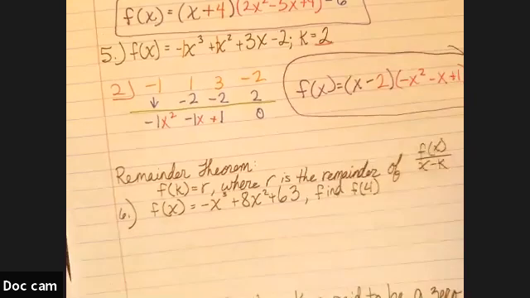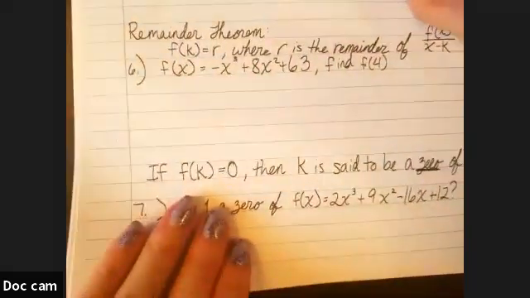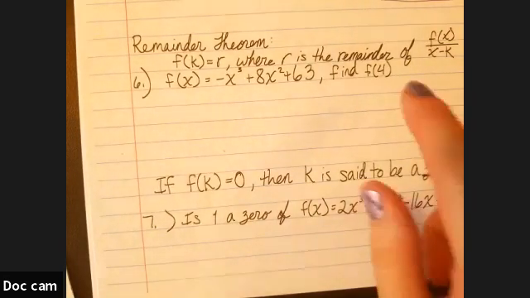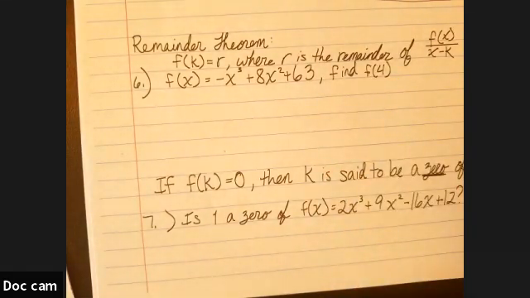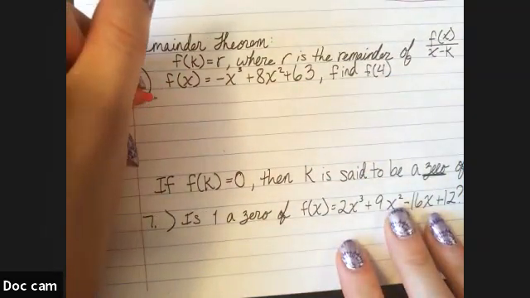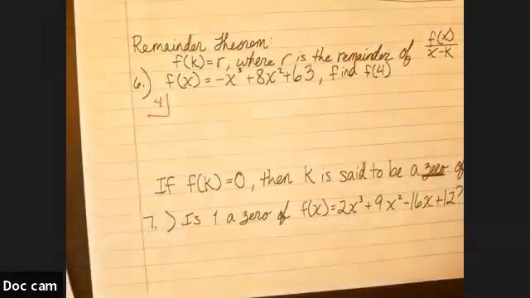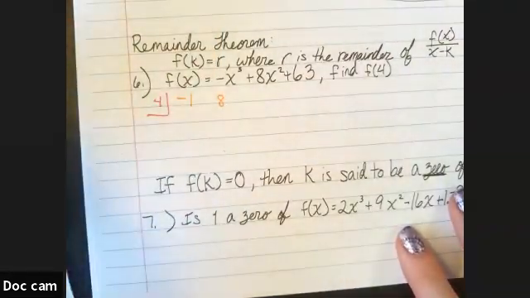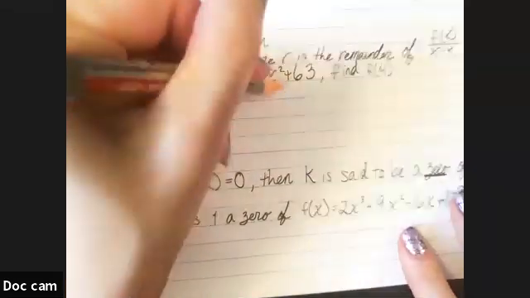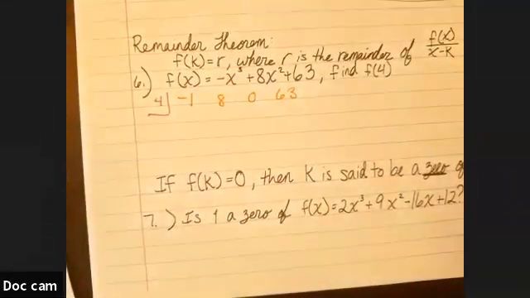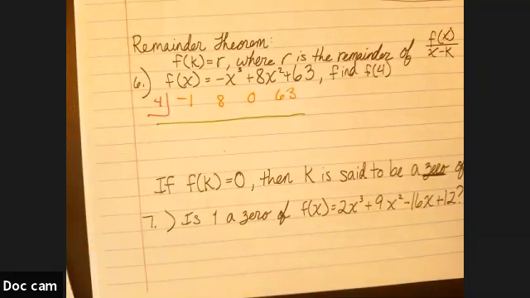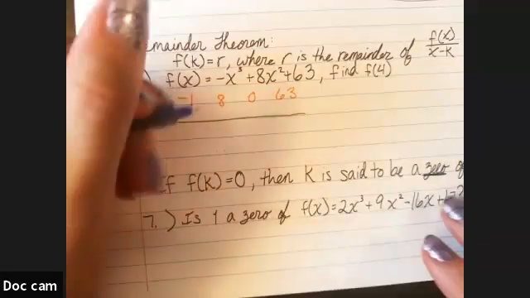All right. And then the remainder theorem. So basically it's saying that if you divide that, whatever your remainder is equal to the function value. So I'm going to put 4 in the box and I'm going to do my synthetic division. That's going to be negative 1, 8, and then it skips over the x term, so there's going to be a 0, and then 63. All right, so whatever I get for my remainder is going to be equal to f of 4.